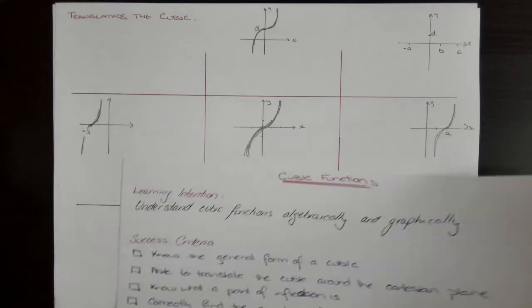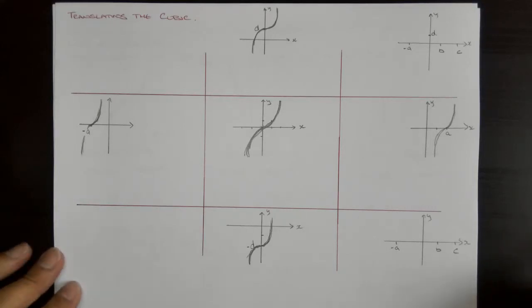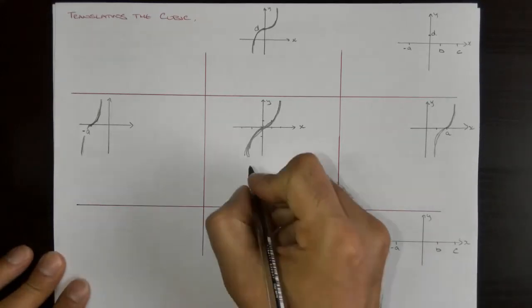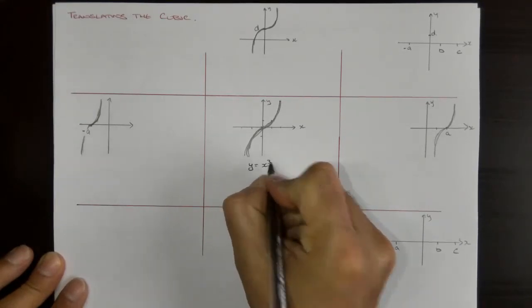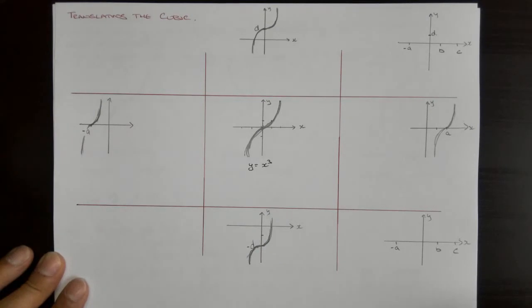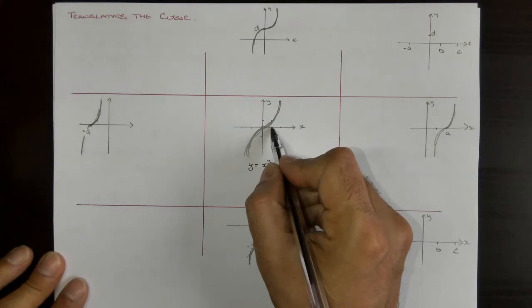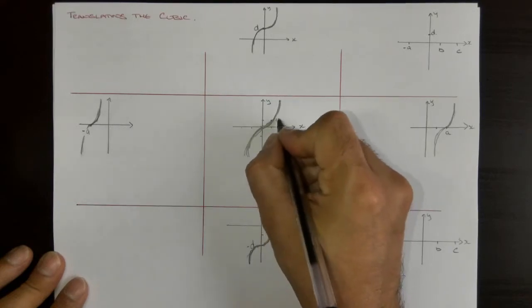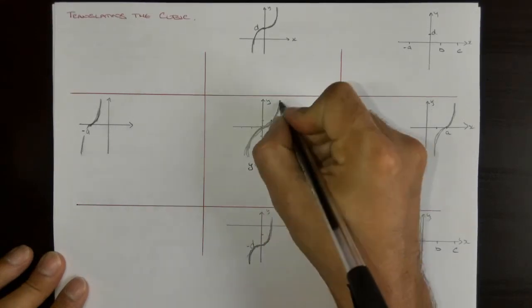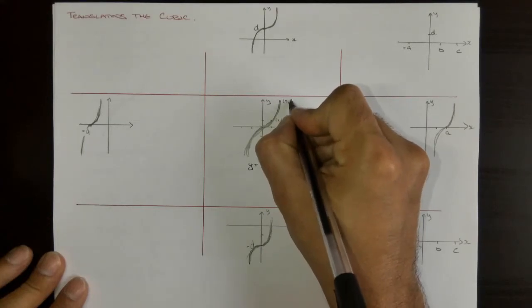All right. So it's important to understand the general cubic and how it translates around the Cartesian plane. The basic one we get is y equals x cubed. If we did a table of values, when x is 1, y is 1 cubed, which is 1, and when x is 2, y equals 8.